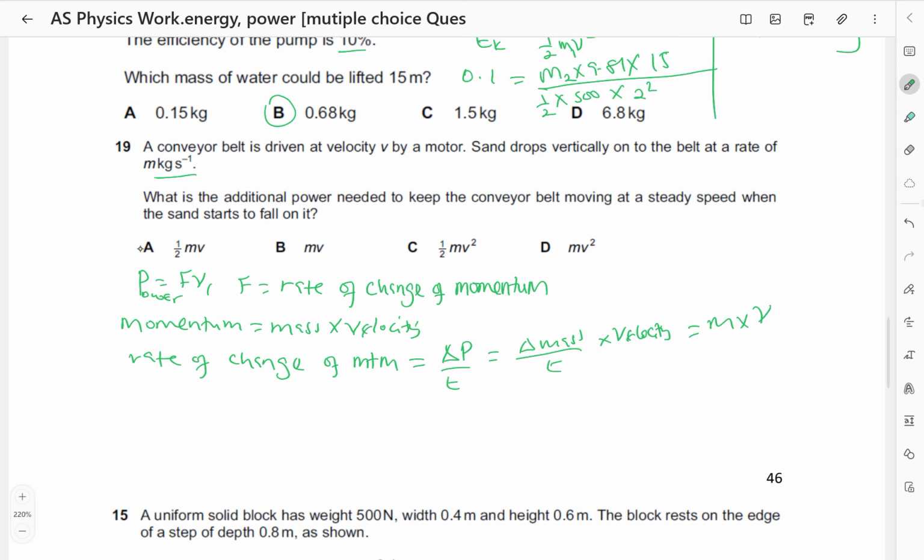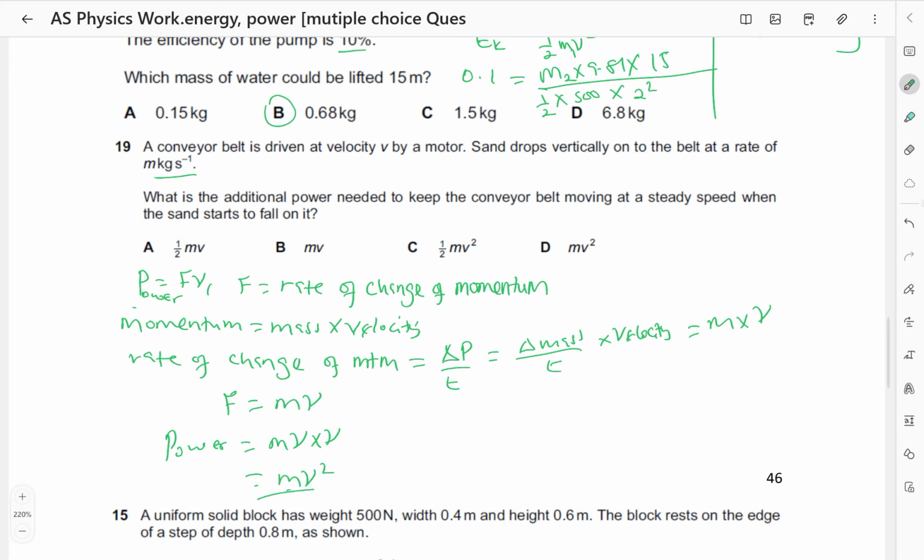Okay. So since the rate of change of momentum is force, it means force is going to be m times v. And remember, power is force times velocity. So power will be equal to force, which is mv again, times v. Which means the power is going to be mv squared.